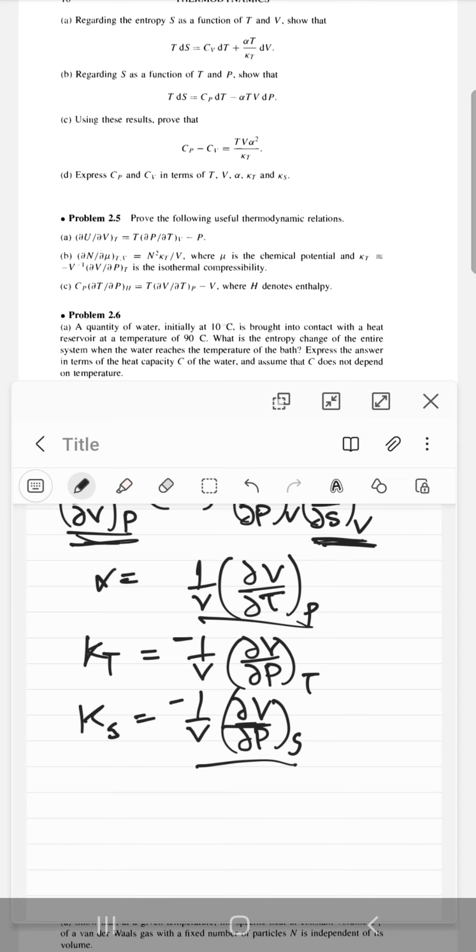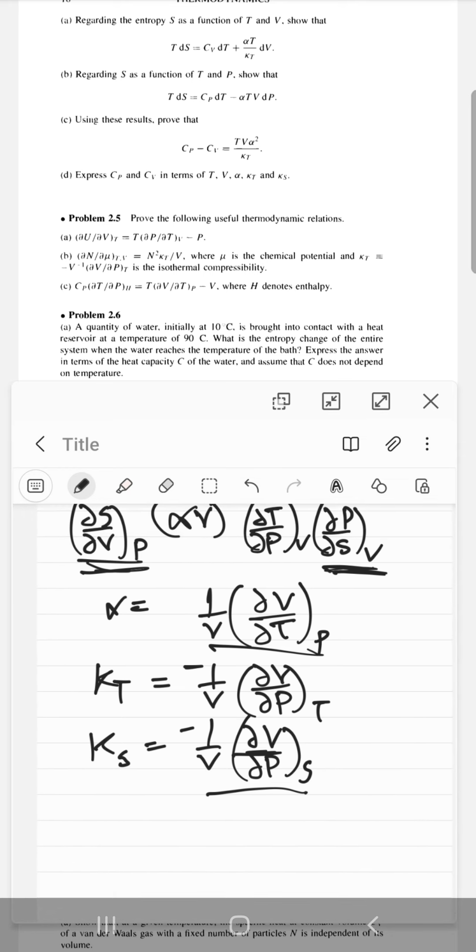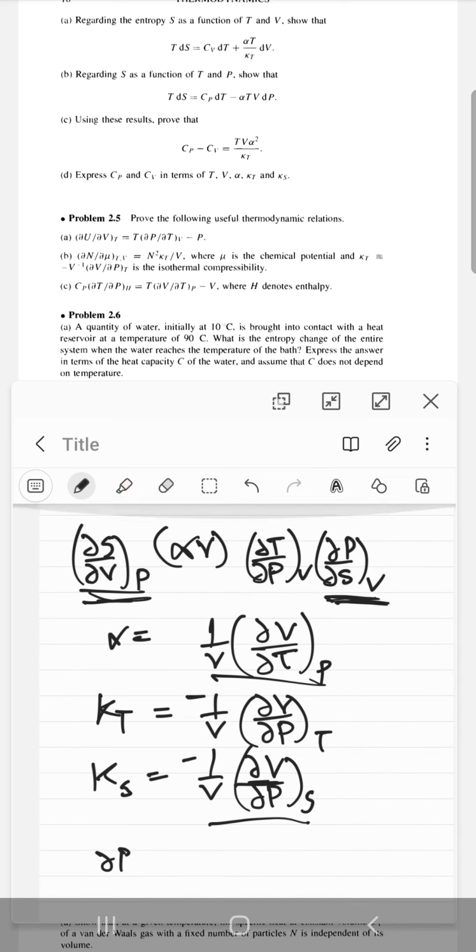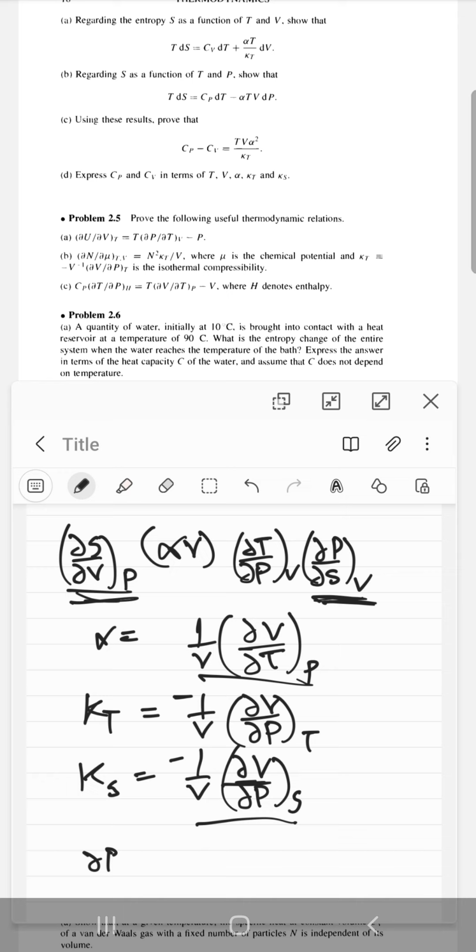Okay, let's see. So what do we have? We have that. So just switching what? Just switching P and S, and this is V and S. Cool.